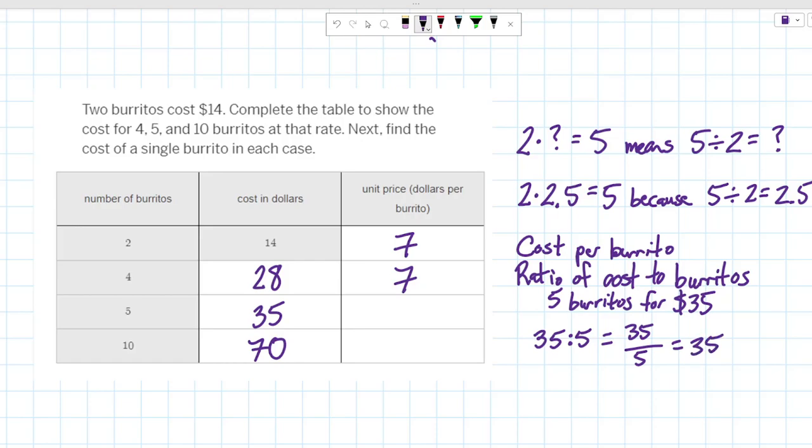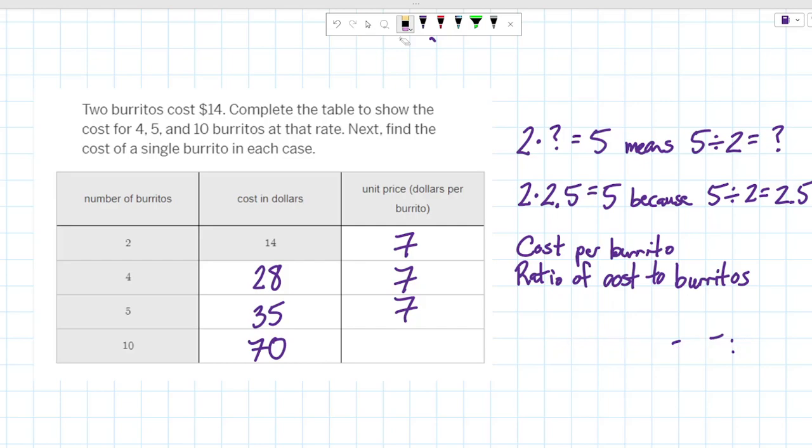And that would be 35 divided by 5. And what is 35 divided by 5? 7. So let's make a prediction. What do you think is going to go in this last entry on the table? What number do you think it'll be for the cost of one burrito?